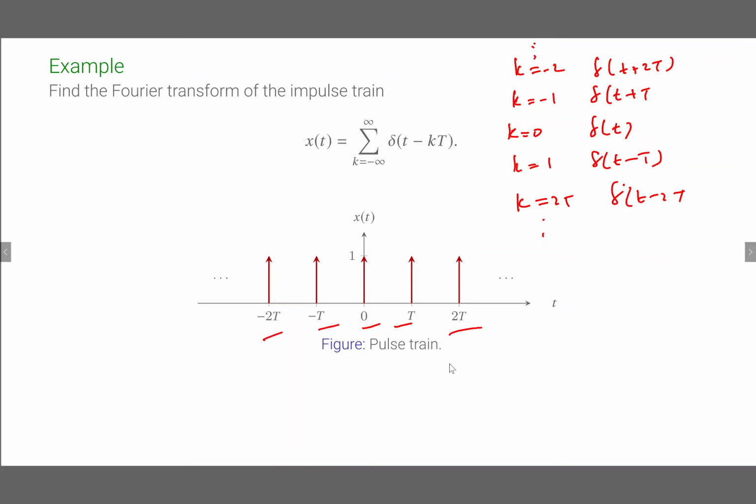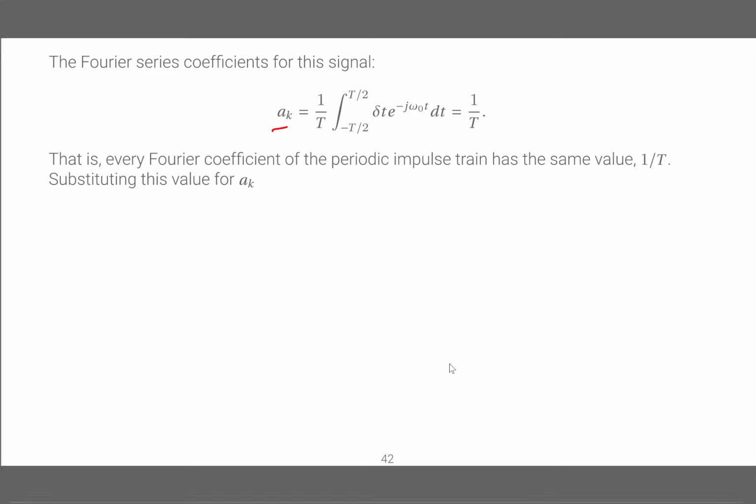So we know the Fourier series coefficients of those. We can find a_k as 1/T times the integral over one period of x(t) e^(-jkω₀t) dt. Within that interval it is δ(t).